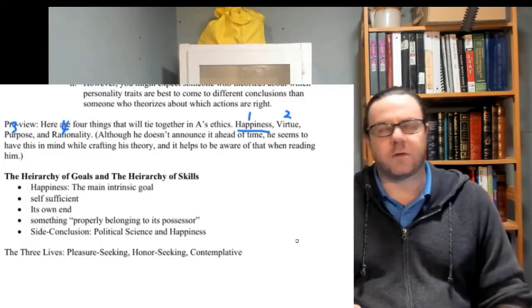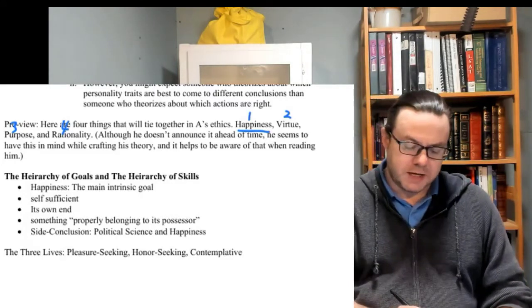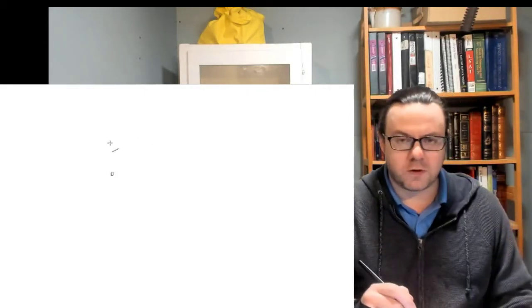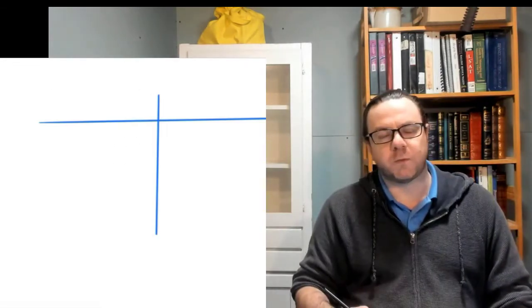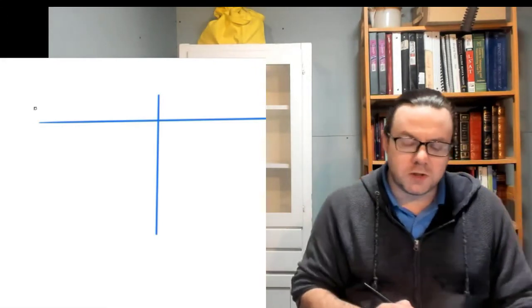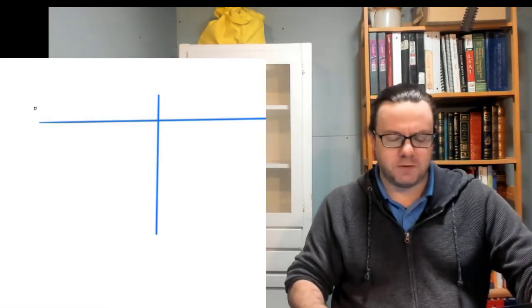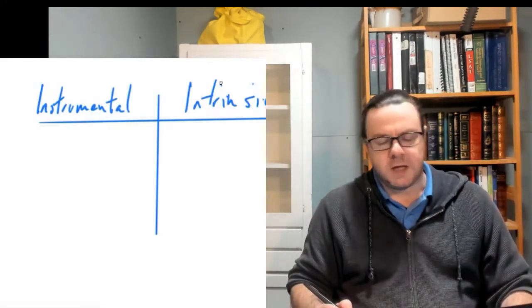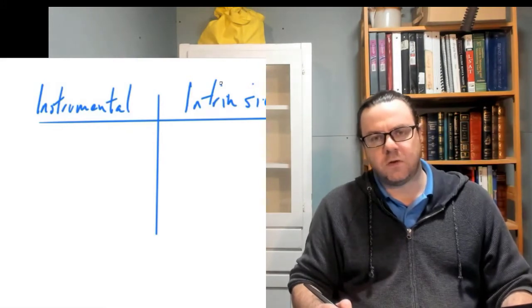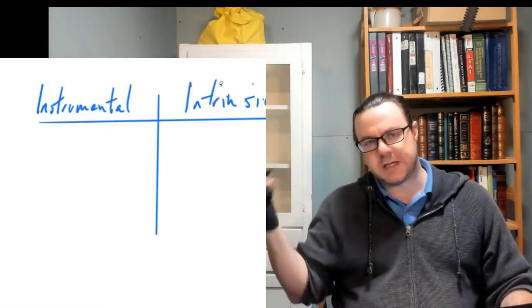A modern terminology that some people have put on this is that you can make a distinction between an instrumental good, and Aristotle, the translation we read at least, uses the term instrument, versus what you might call an intrinsic good. So most of the goods that we are familiar with are probably instrumental goods. An instrumental good is something that is good for the sake of something else. You want it so that you can use it to get something else.